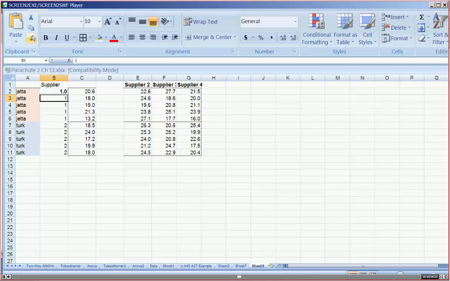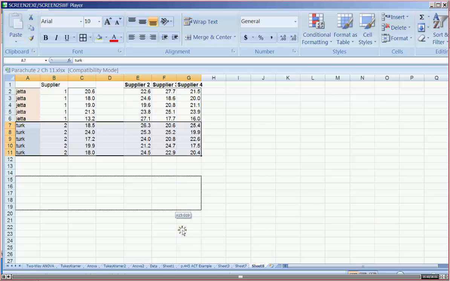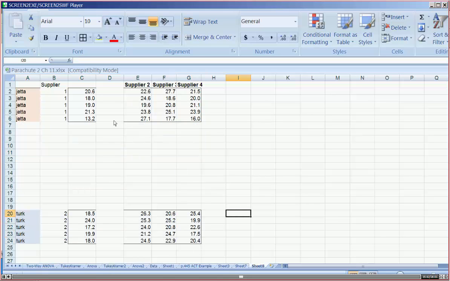We coded our suppliers 1 and 2, and that's how SPSS will want to see that. Actually, this is correct.